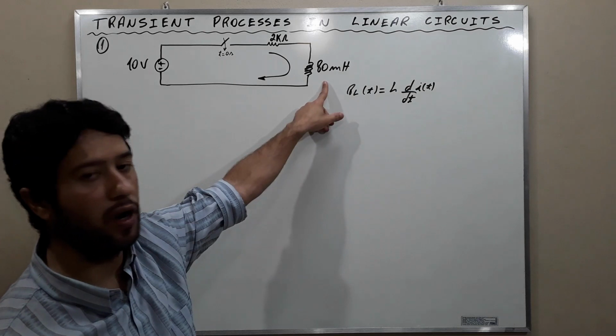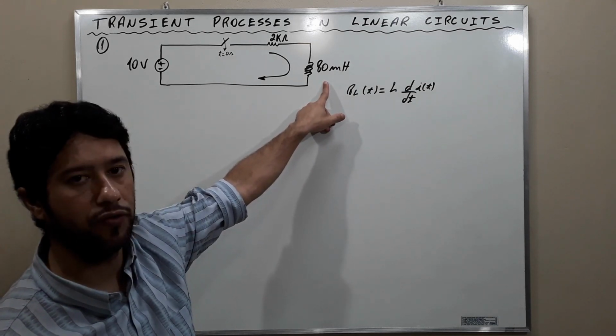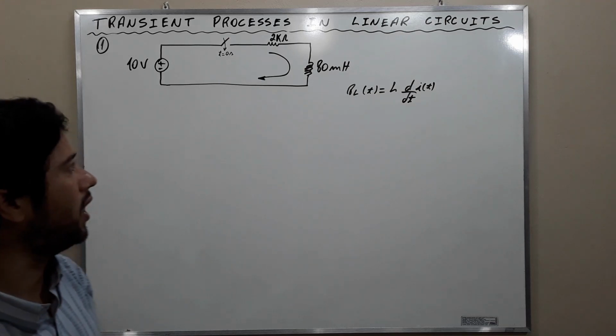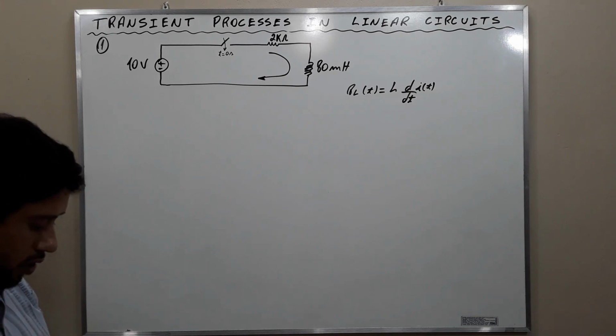Therefore, after a long time, the inductor will behave as a short circuit. The exercise wanted us to calculate the magnitude of the current 60 microseconds after the switch is closed.